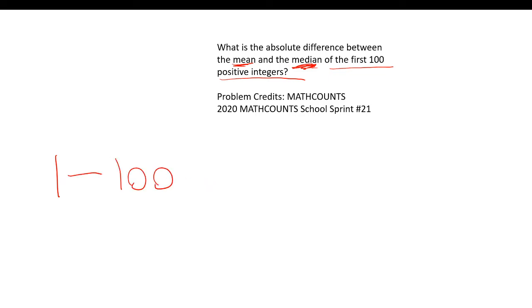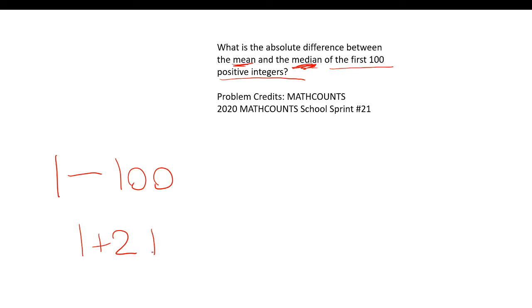Well, the median's not too hard to find. The mean is the main issue. We know how to find the mean: we just take the sum of all the elements in this set, and then divide by the number of elements. In this case, we're dividing by 100.